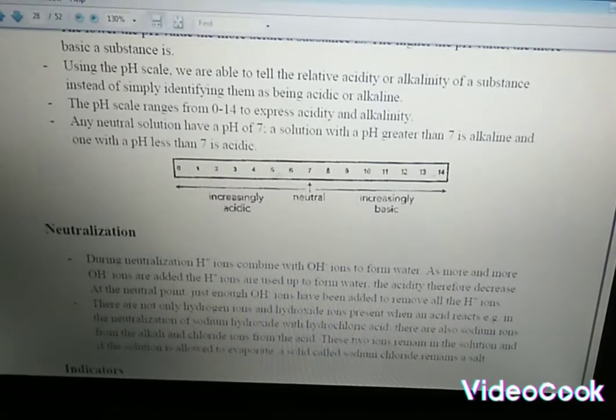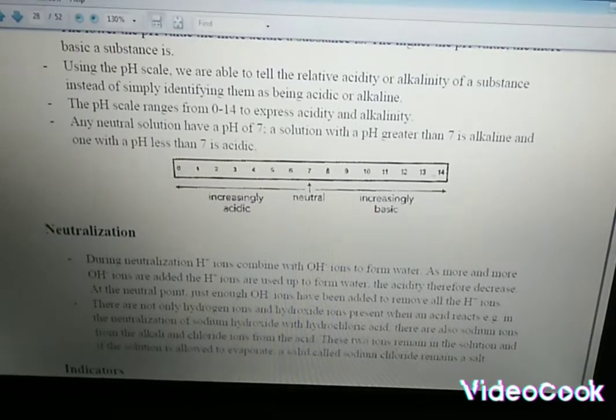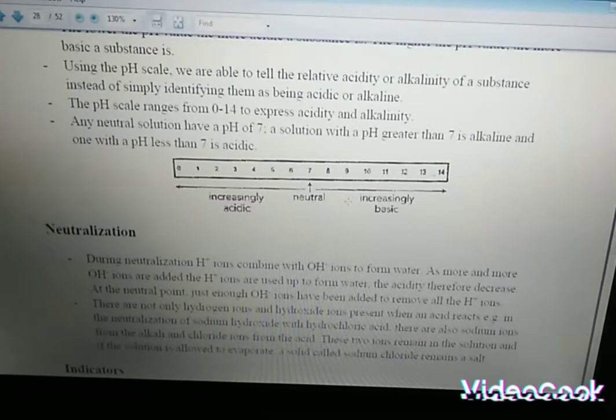And if the pH is way closer to 7, it simply means we have a weak acid. 7 is neutral, meaning the amount of H plus is exactly equal to the amount of OH minus, the hydroxide ions that give us alkaline solutions in water.